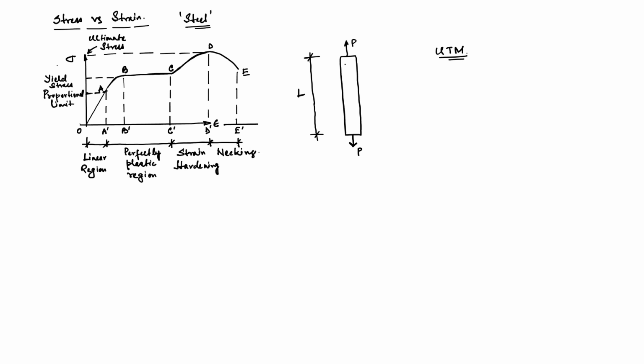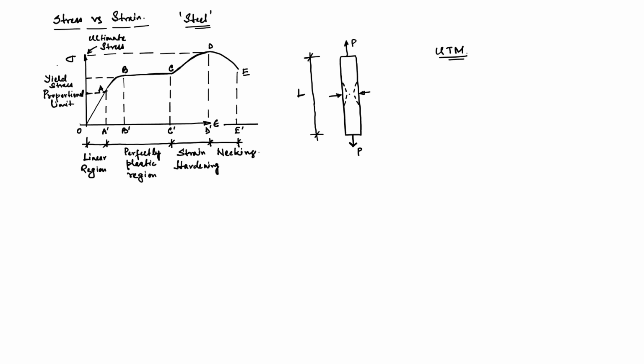Now, beyond this point D, what happens at the middle, due to the elongation, the prismatic bar deforms in this way. So, there is a change in cross section and this phenomenon is called necking.